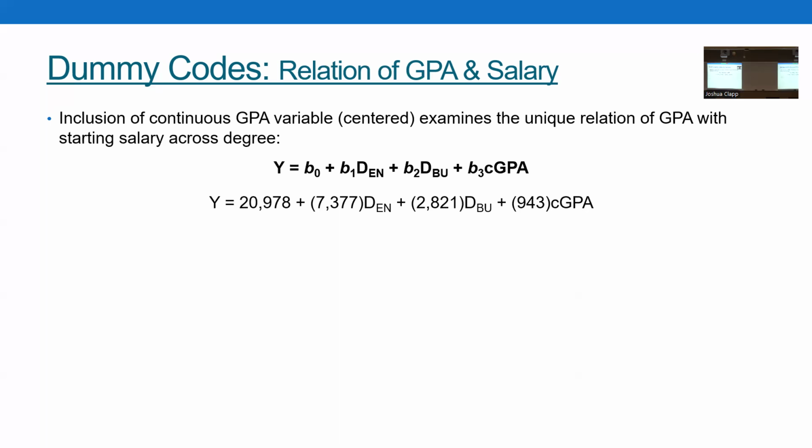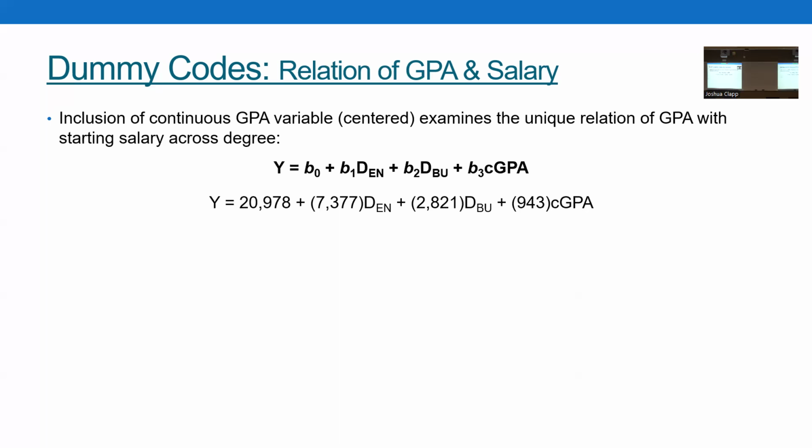And so again, someone tell me what my intercept means here? April, go for it. With the intercept, what does this represent? The base salary of, is it still liberal arts? Yeah.